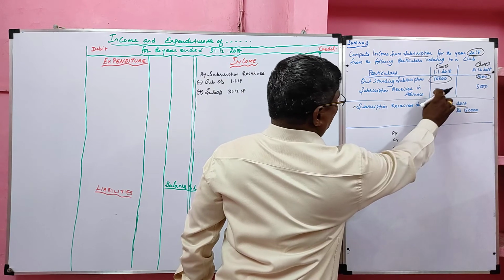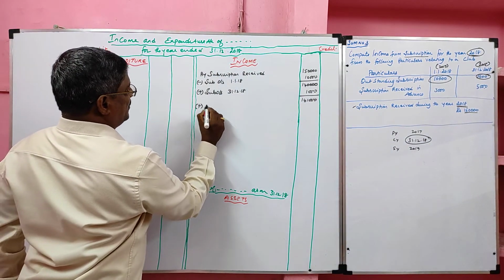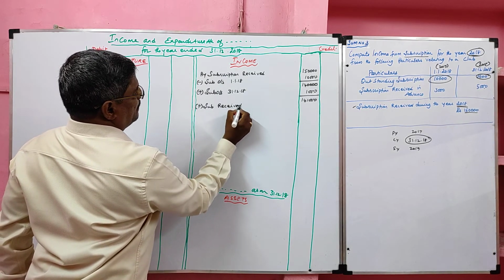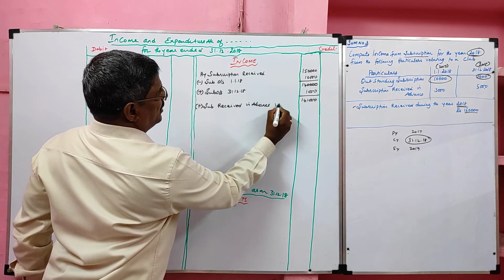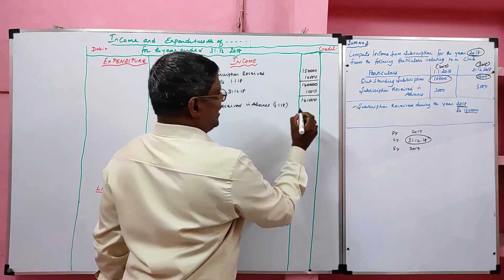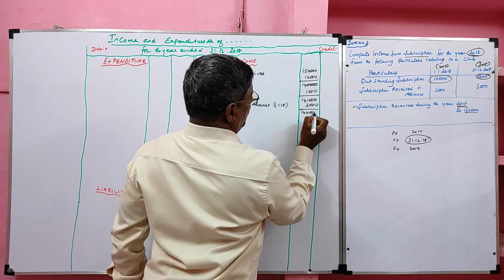Then come here, subscription received in advance. Last year received in advance for the current year, so that we have to add. Subscription received in advance, date 1/1/2018. Last year received in advance for the current year. That we have to add. So 1,44,000.